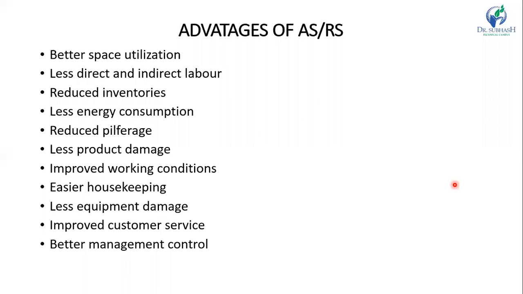In addition, this system discourages pilferage and generates very little product or equipment damage. The system can also improve customer service and working conditions, and thus results in less indirect costs associated with supervision, administration, facilities, and security.